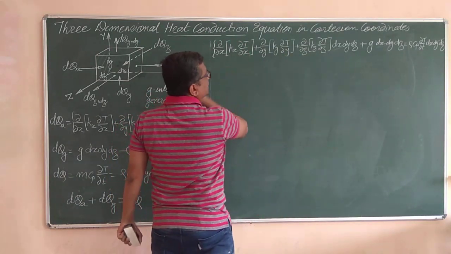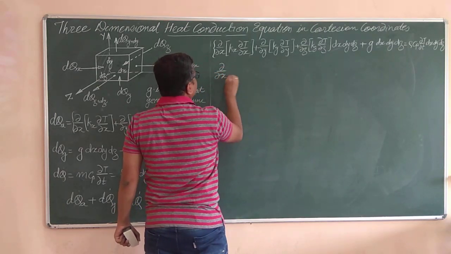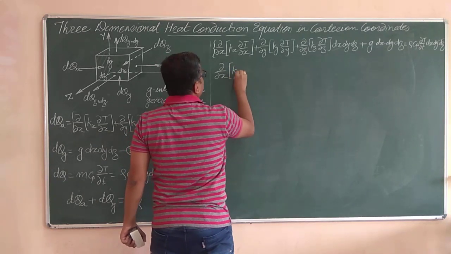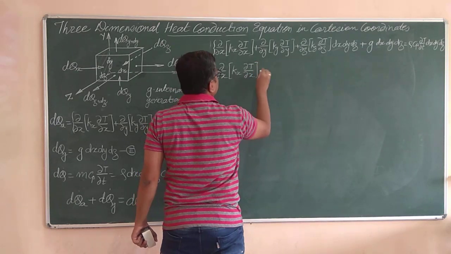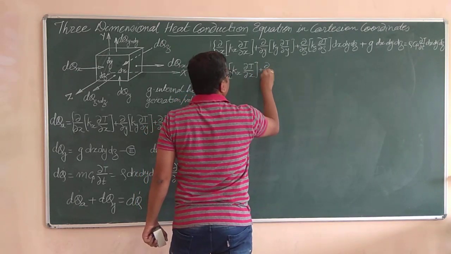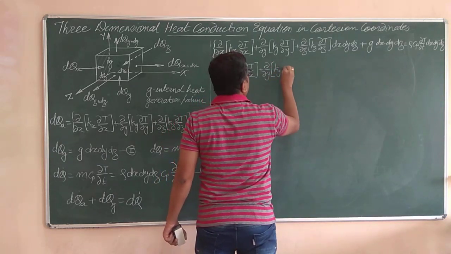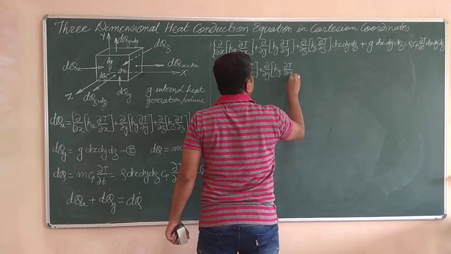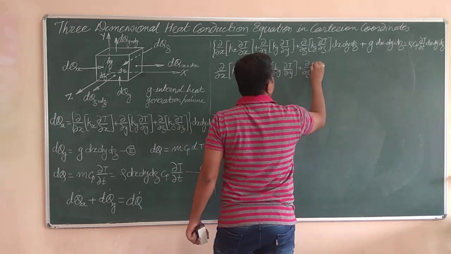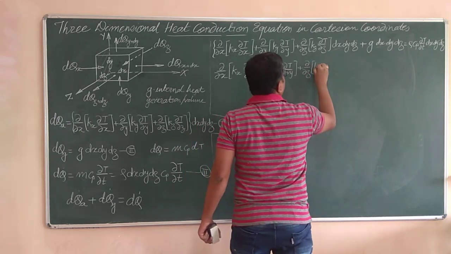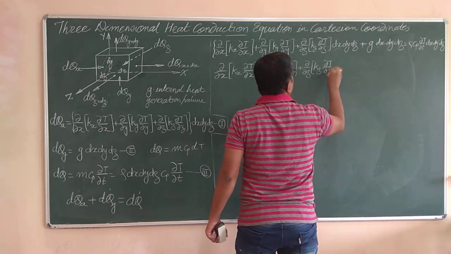So the remaining part will be ∂/∂x of kx into ∂T/∂x plus ∂/∂y of ky into ∂T/∂y plus ∂/∂z of kz into ∂T/∂z.